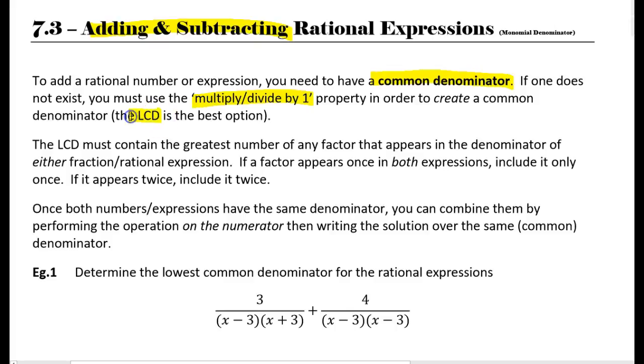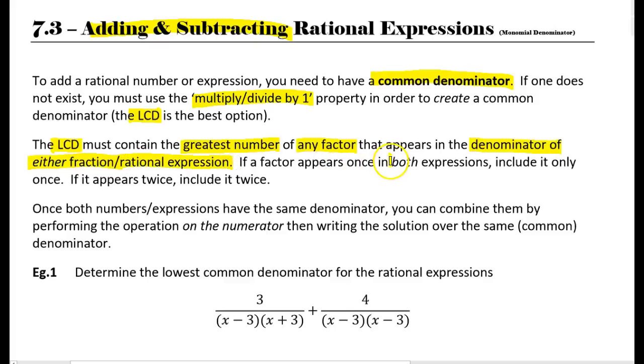We're going to call it the LCD because we're going to shoot for the lowest common denominator, because then we have less reducing to do at the end of the question. To find the lowest common denominator, it needs to contain the greatest number of any factor in the denominator of either fraction or rational expression.